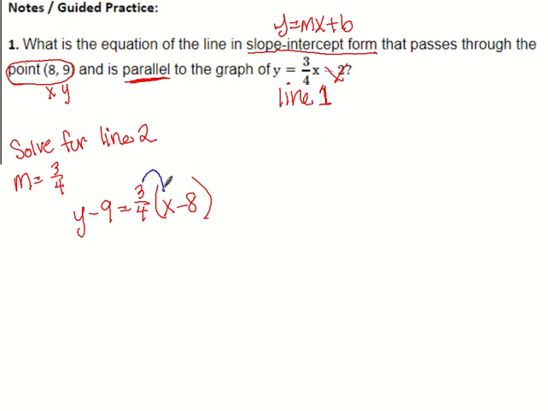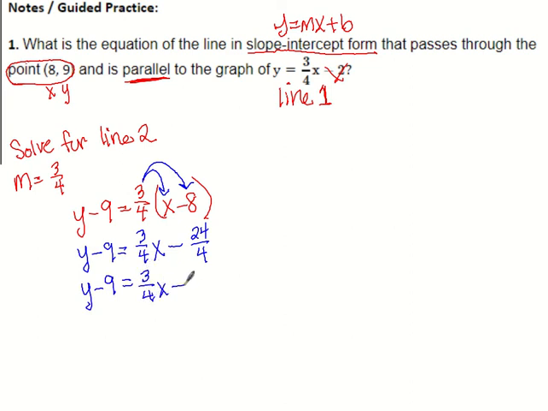We're going to get y - 9 = 3/4 x minus 24/4, which then just transfers to y - 9 = 3/4 x - 6.